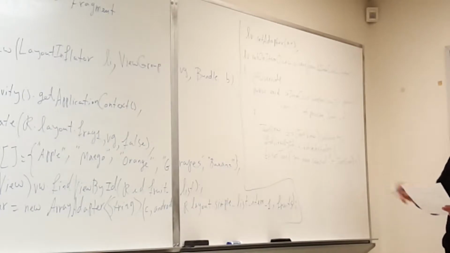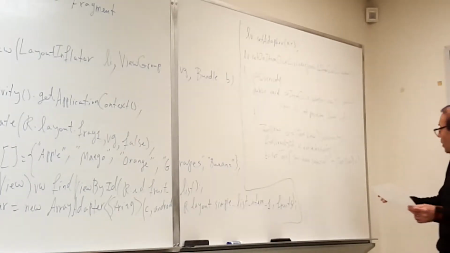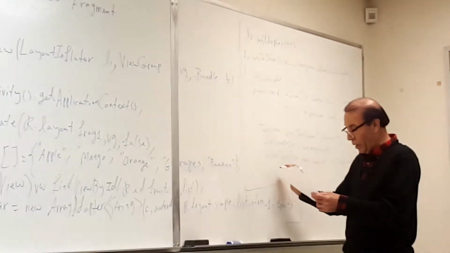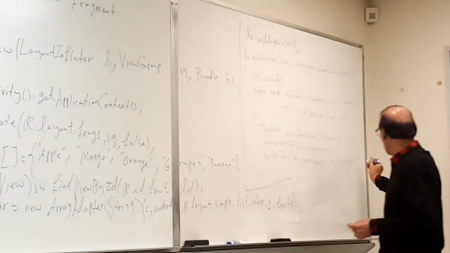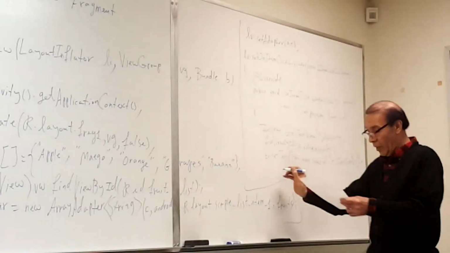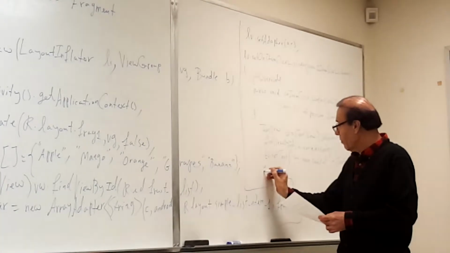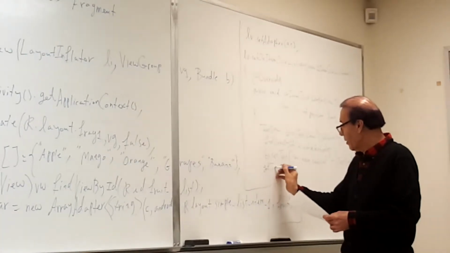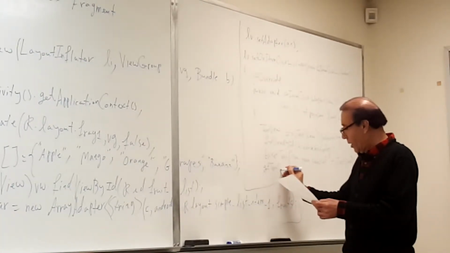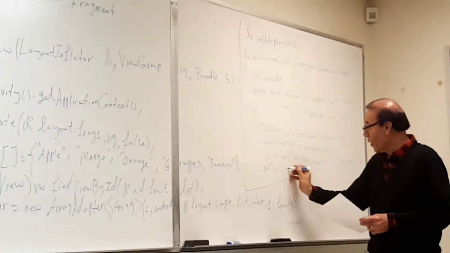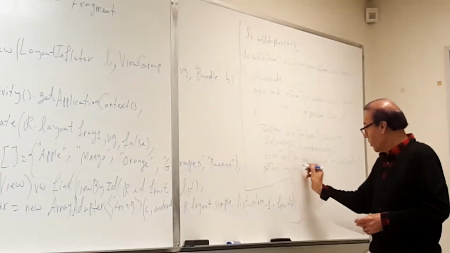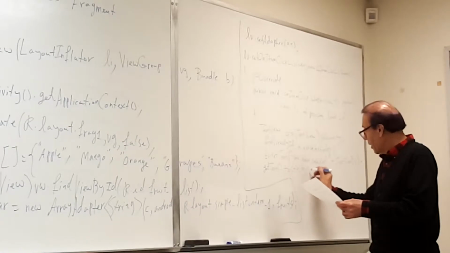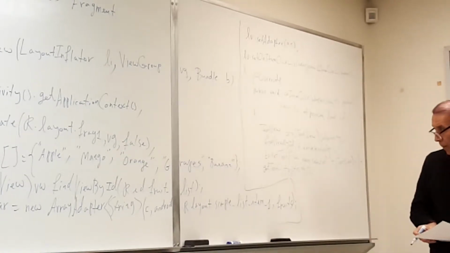TextView v plus get dot getText. Convert it to string, otherwise it's not going to work. Should be string. And everything is done.